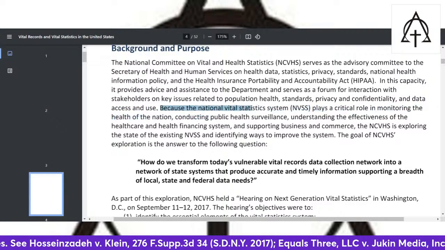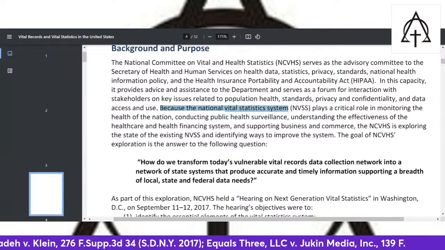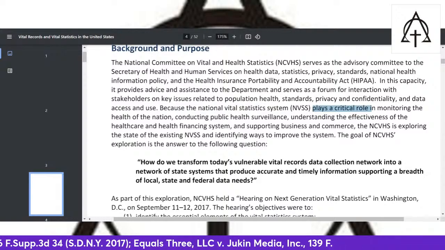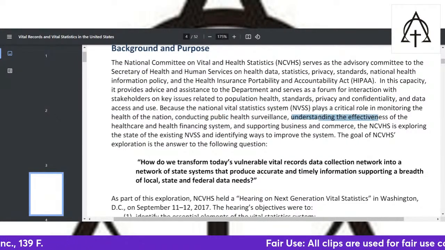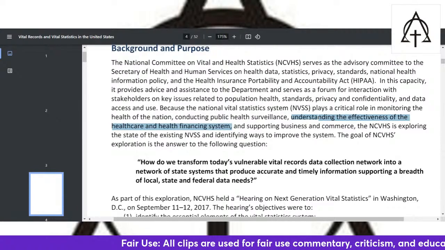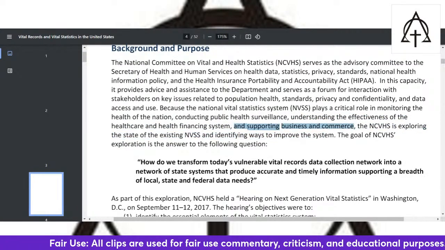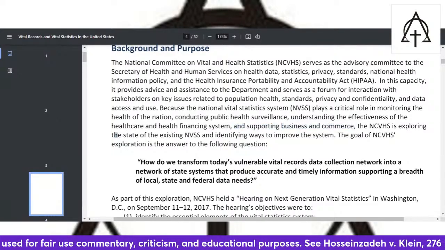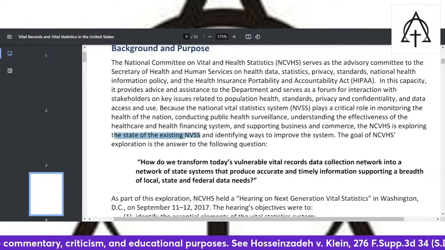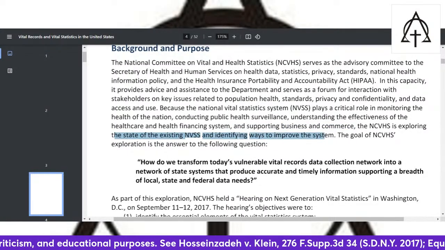Because the National Vital Statistics System plays a critical role in monitoring the health of the nation, conducting public health surveillance, understanding the effectiveness of the healthcare and health financing system, and supporting business and commerce. The NCVHS is exploring the state of existing NVSS and identifying ways to improve the system.